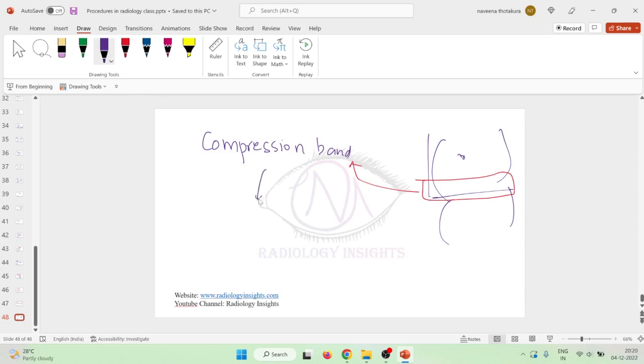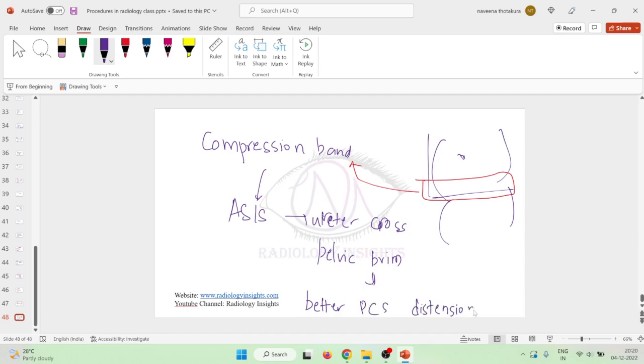This compression band is positioned at the anterior superior iliac spine, where the ureters cross the brim. Because when you put a compression plate at this position, this will result in better pelvicalyceal system distension, and thus we can better visualize the pelvicalyceal system on using this compression band.